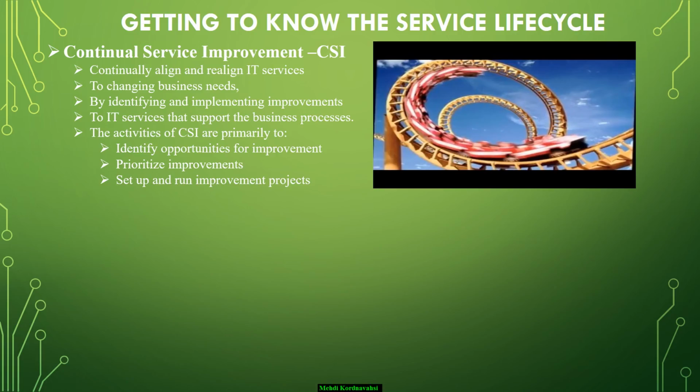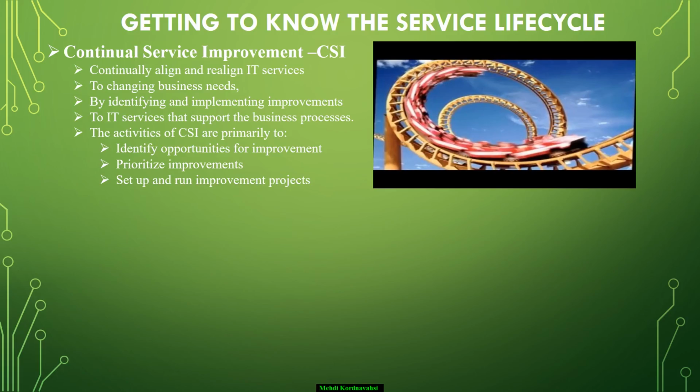Note that CSI isn't one improvement project, but a number of initiatives or projects, each aimed at improving an aspect of IT services. CSI consists of many activities in which you analyze and report on services. In this stage, you also identify opportunities for improvement and manage a service improvement plan to implement the improvement.